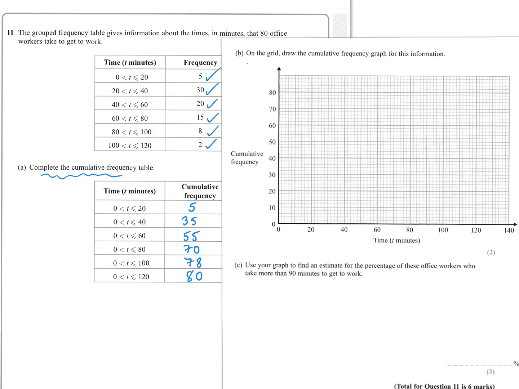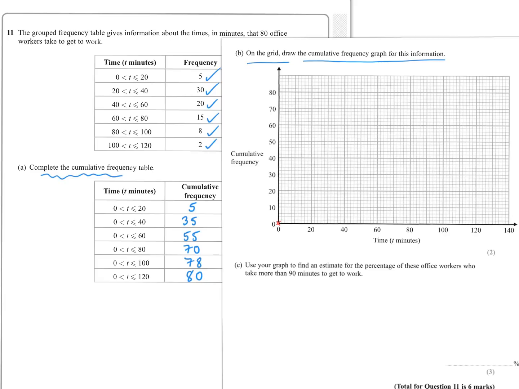It then says, on the grid, draw the cumulative frequency graph for this information. So we're going to look at these endpoints and plot them against the cumulative frequency, noticing here that it starts at 0. So we're going to start plotting at 0. I think on the mark scheme they ignore things before the first point and after the last, so I wouldn't worry too much, but we're going to do this.